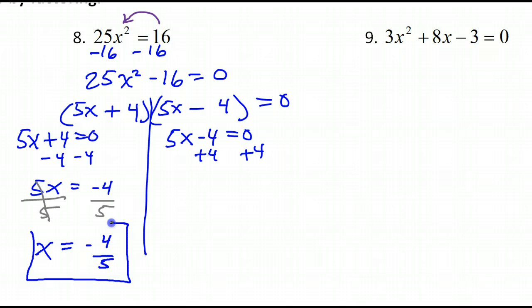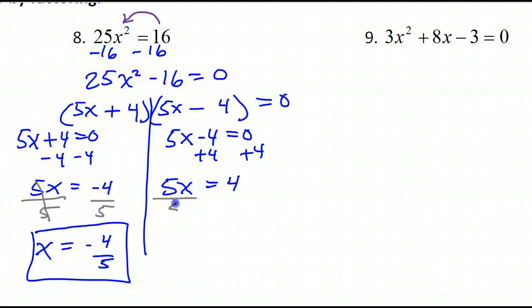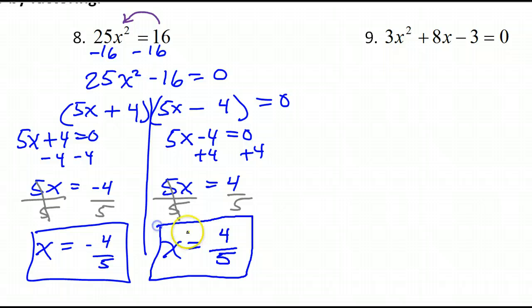That's one of my solutions. Over here I've got 5x equals 4. Okay, divide by 5 on both sides. So I get x equals 4/5. Okay, so those are the two solutions I get for number 8.